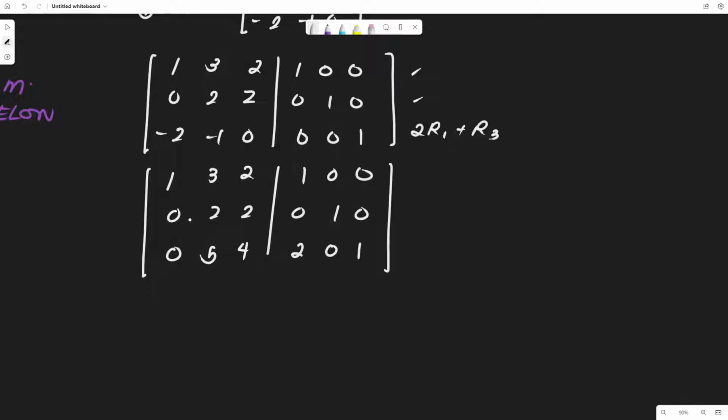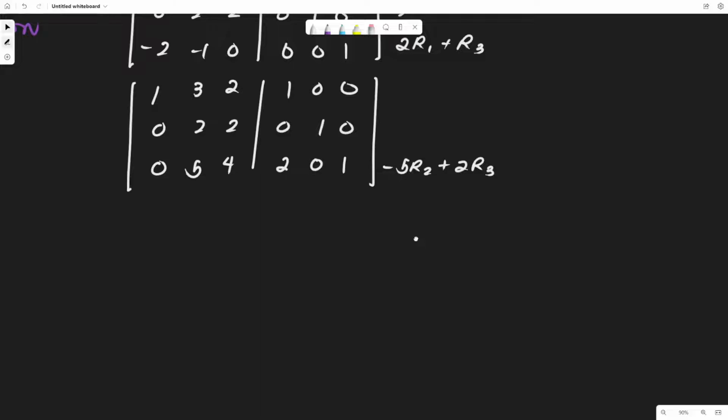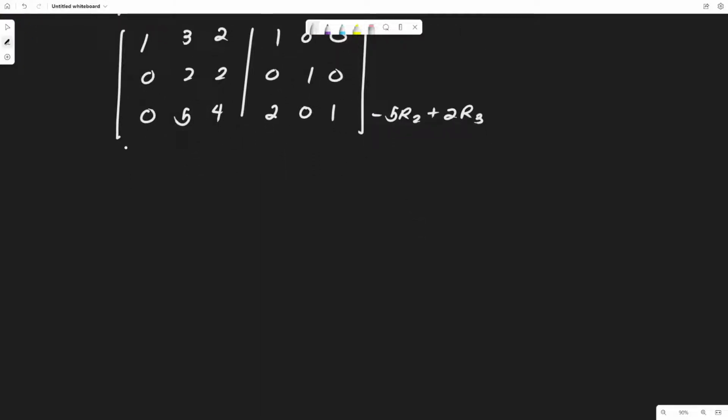So, okay na tayo dito. Proceed na agad tayo kay 5. What I can do is negative 5R2 plus 2R3. Just copy the entries that didn't change.